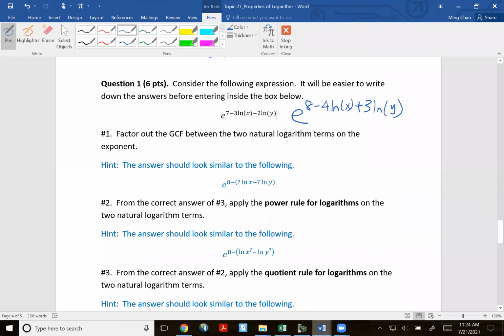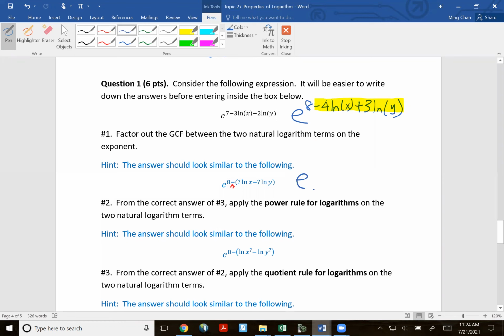All right, so let me help you out here. Factor out the greatest common factor between the two natural log terms on the exponents. If you look at these two natural log terms on the exponents, there's no greatest common factor other than 1. But what you can do is factor out a -1. Because if you look at my problem and my hints, I want you to factor out a -1.